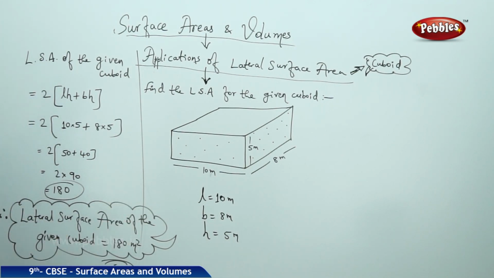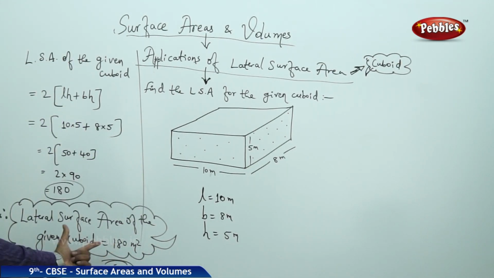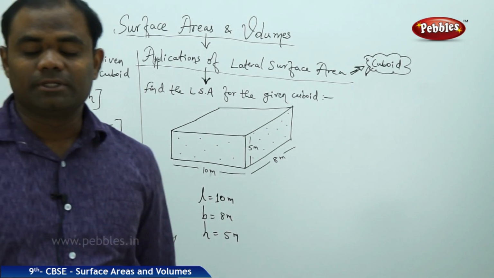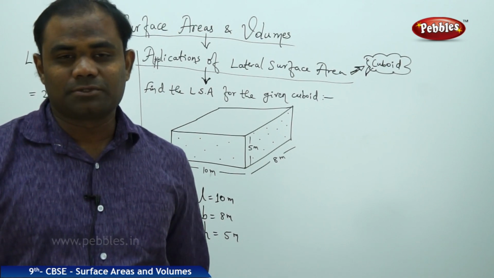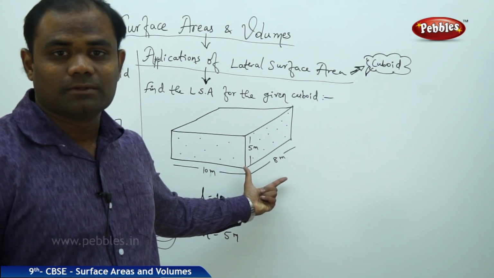This is how we understand the lateral surface area, which can be found using the dimensions of the cuboid. In this case, the answer is 180 meters square. These are applications of lateral surface area in real life models.